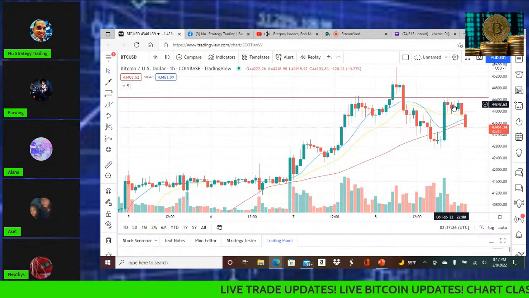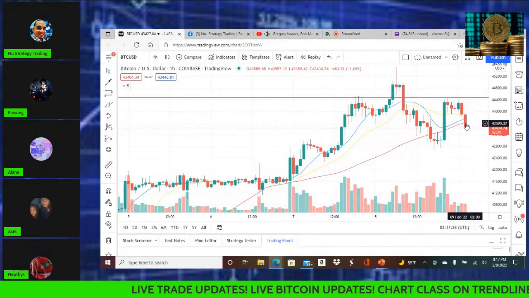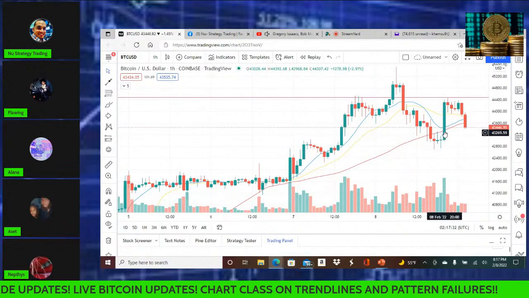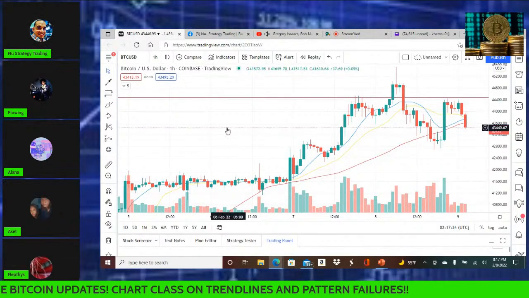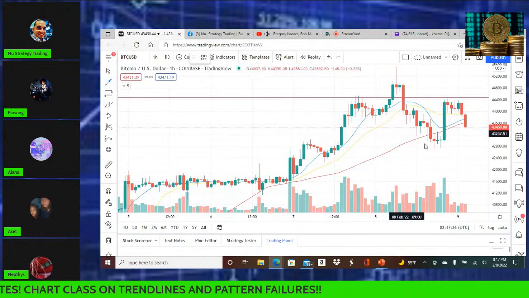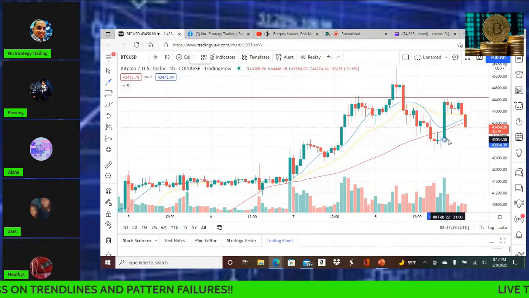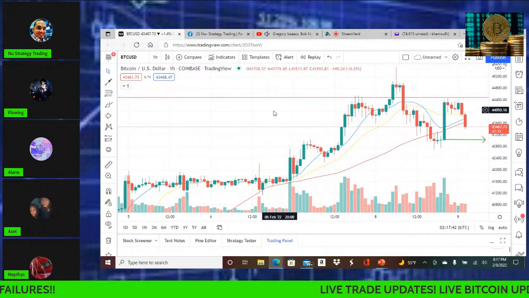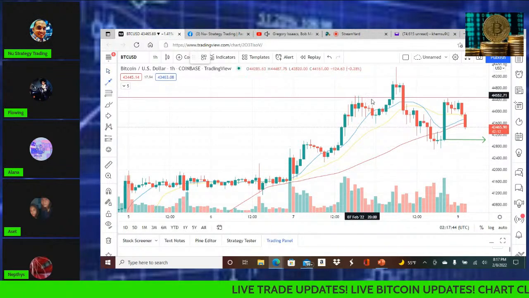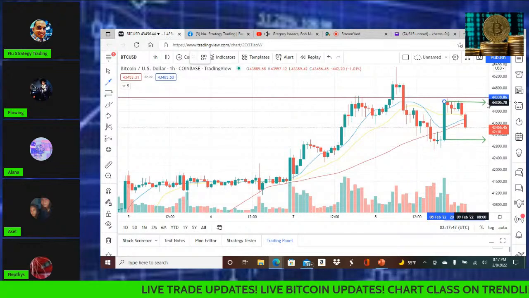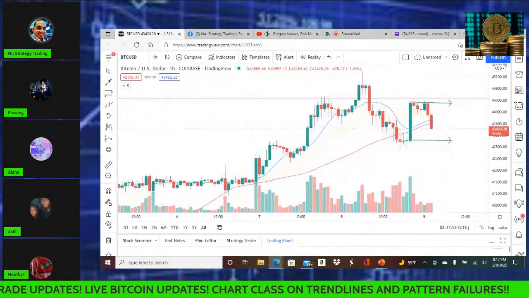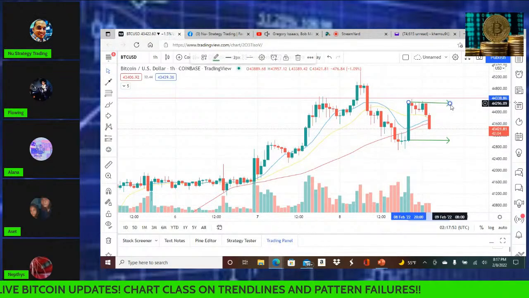But what's happening? It's falling. But it's falling into, guess what? Our support zone. This is all support zone this is falling into.